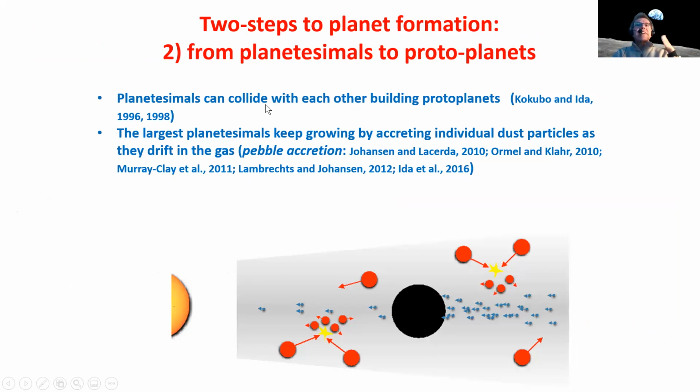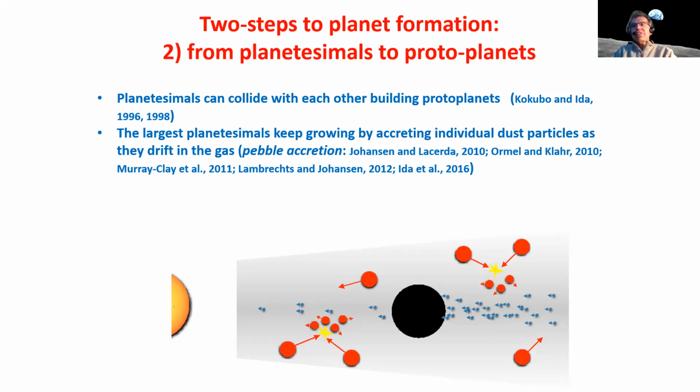The first one is that once you have a disk or a ring of planetesimals, these planetesimals will collide with each other. If their relative velocity is small enough, because they are already relatively big, remember, several kilometers, maybe hundreds of kilometers, their common gravity is non-negligible, so they can stick if they come together slowly enough. And by this process, bigger and bigger bodies can be built, and once a body is bigger, it attracts the other planetesimals more easily because its gravity is bigger.